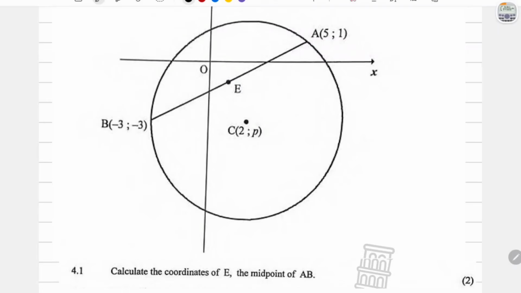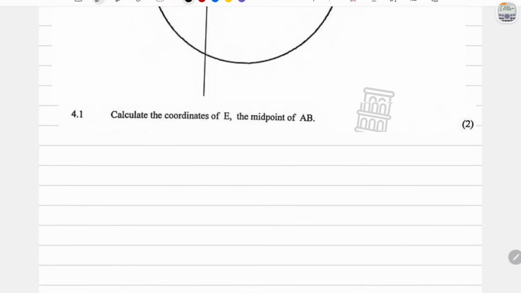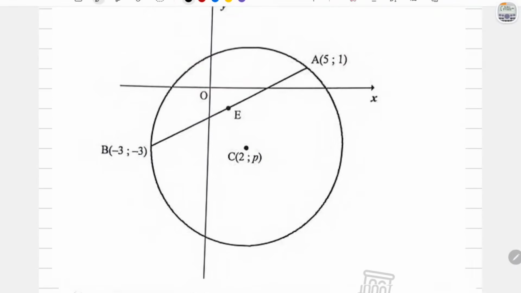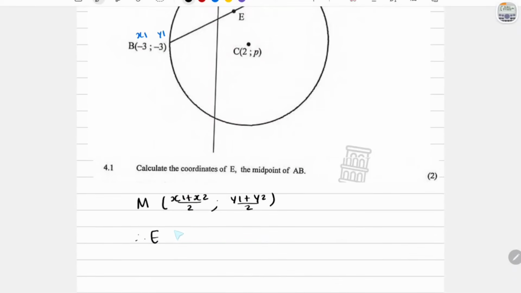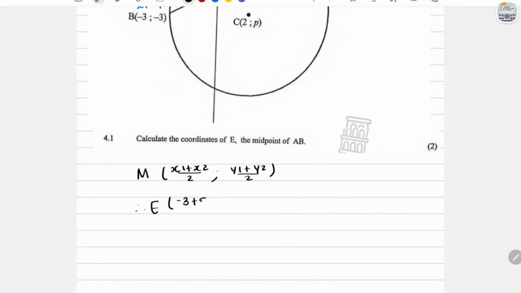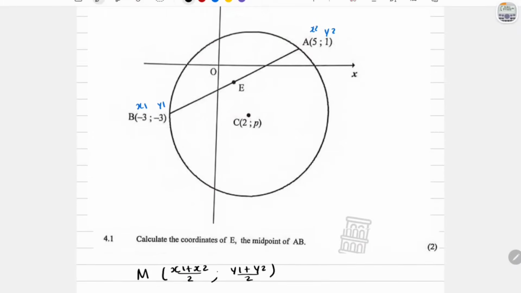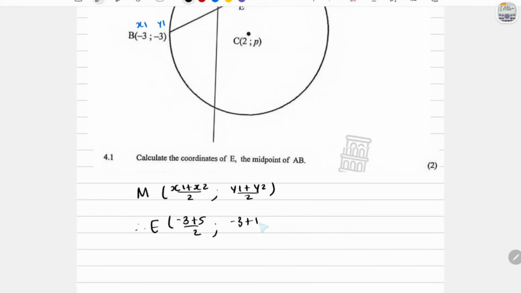Okay, so we have to calculate the coordinates of E. It's just the midpoint of AB, so we use the midpoint formula, which looks like this. And these are endpoints, so that can serve as x1 and x2 and y1 and y2. We'll just call the midpoint E. So E is really just (-3 plus 5) over 2, and then (-3 plus 1) over 2.